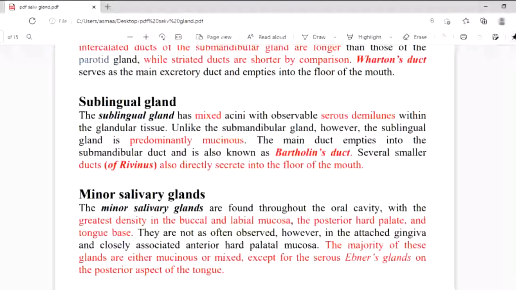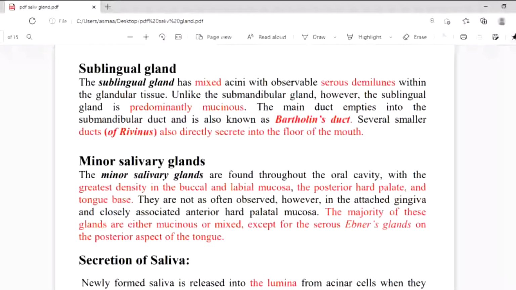Now the sublingual gland is also a mixed gland, and we see serous demilunes within the glandular tissue. But unlike the submandibular, the sublingual gland is predominantly mucinous. That means the mucous cells are more numerous here. The main duct empties into the submandibular duct and is also known as Bartholin's duct.